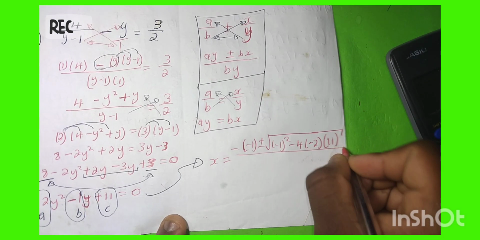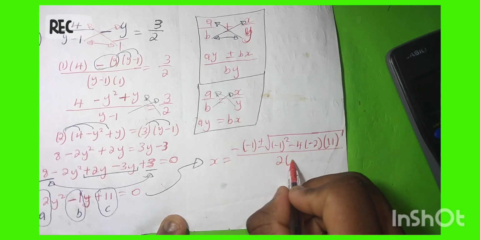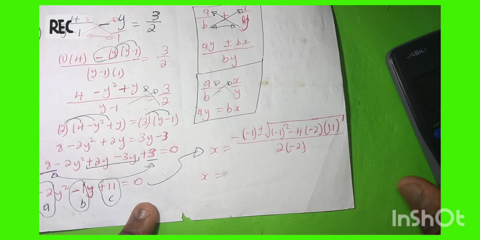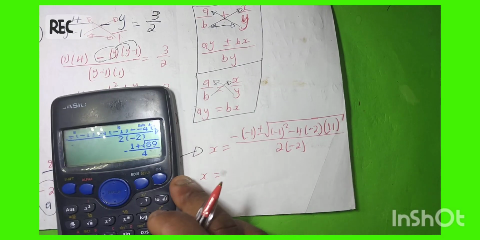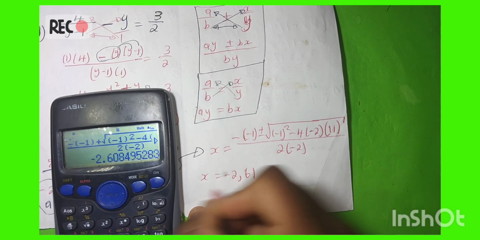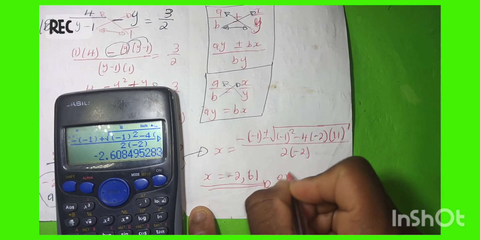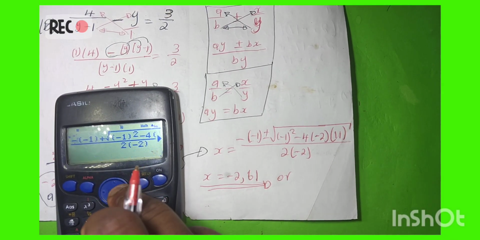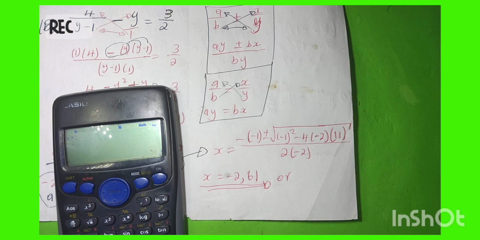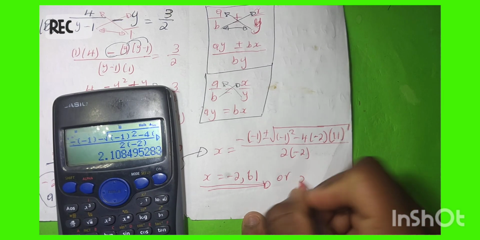Then divide by what? By 2 times my a. Now I can get the answer, which is there. I'll press ST, this is the answer. Then I'll change the sign, put negative, equal, press ST.